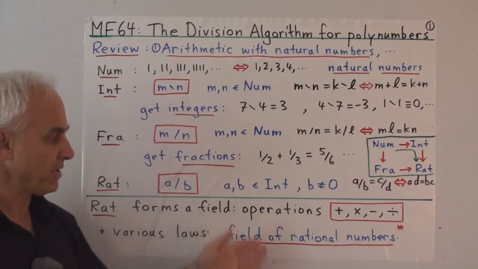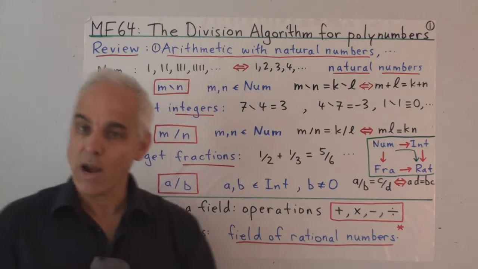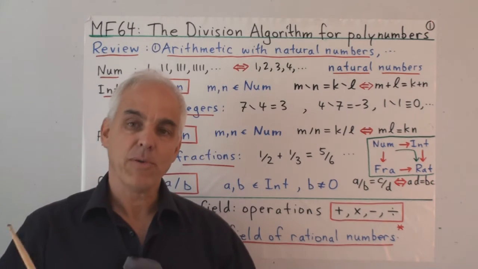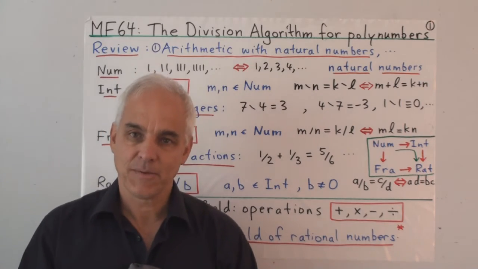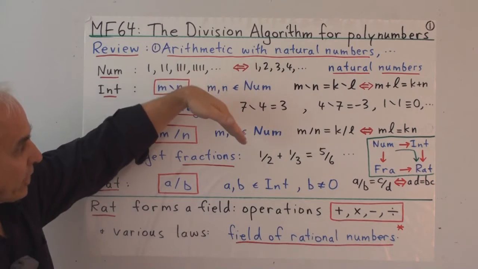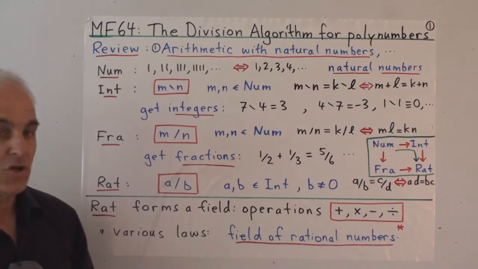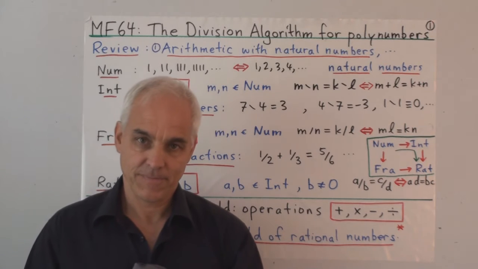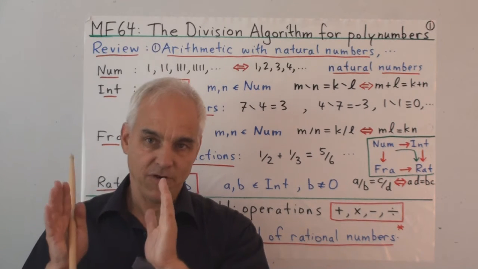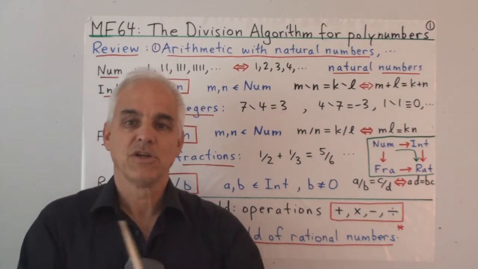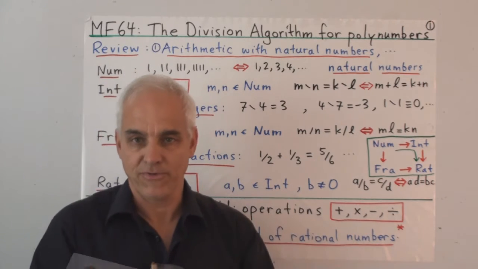So that was arithmetic. In some sense, that's primary school arithmetic. Now we move to high school arithmetic, where we go up a level and look at more sophisticated analogs of each one of these 4 types of objects. So from primary school to high school is going from numbers to polynumbers.